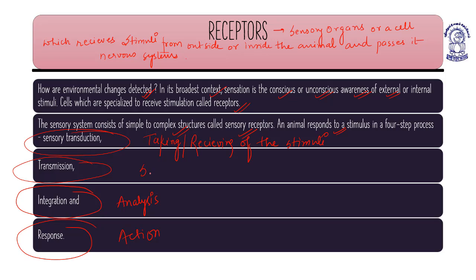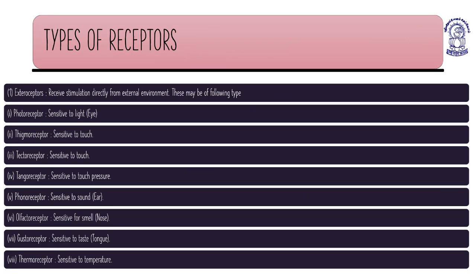Then the stimulus is transmitted to the nerve endings. Then it is analyzed by centrally placed structures like the brain and spinal cord or the ganglia, and then the response is executed.